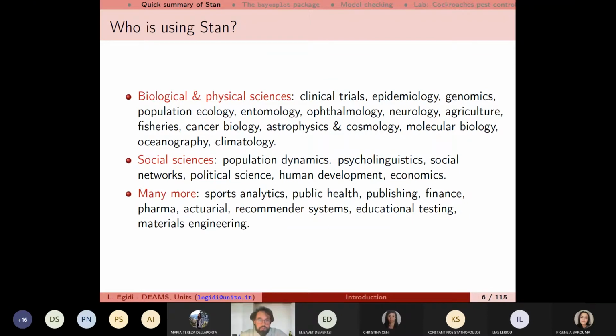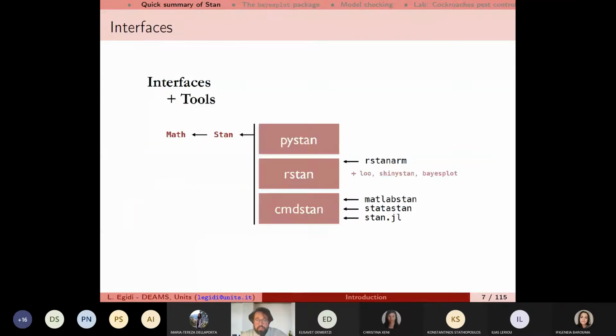Many people are using Stan in biological and physical science, social science, and many more: sports analytics, public health, publishing, finance. And the nice thing about Stan is the richness of the interfaces and tools. For instance, the package RStanArm is a sort of shortcut that allows you to fit some very plain models, such as generalized linear models, but also hierarchical models, directly with one line of code.